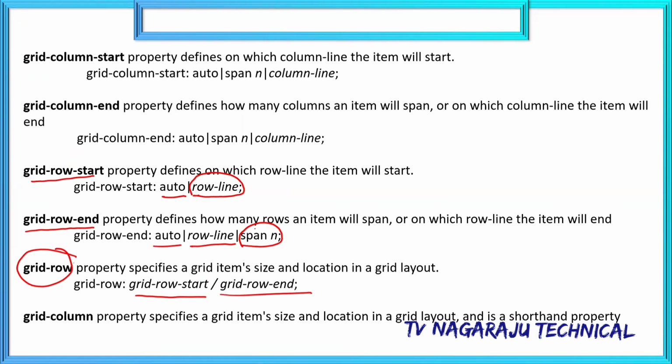If I write like this, grid row: 1 means starting at row 1, and if I write slash span 2, it starts at row 1 and spans 2 rows.